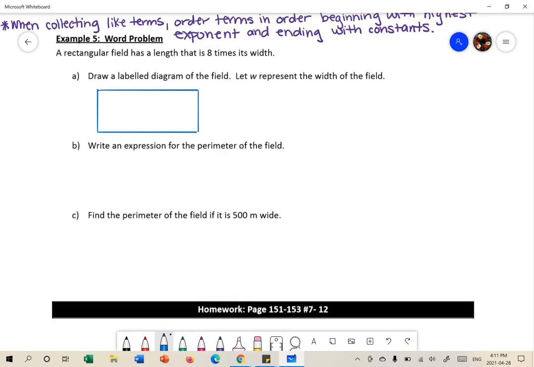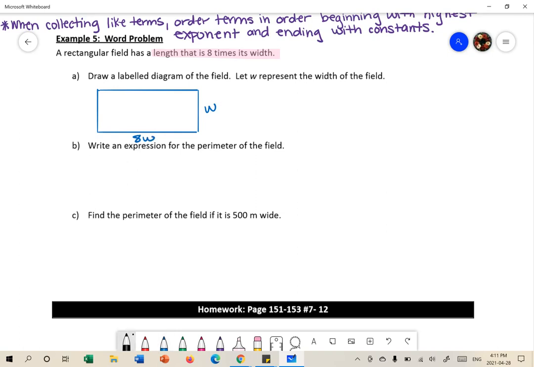And it tells us to label our width with variable W. And we know that the length is 8 times the width. So instead of labeling my length with L, I'm given the information that it's 8 times the width. So whatever the width is, I know that my length is going to be 8 times it.